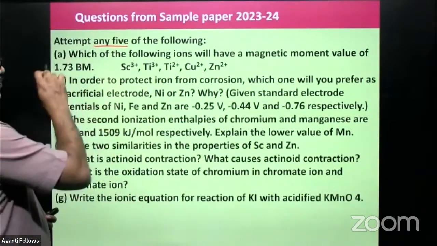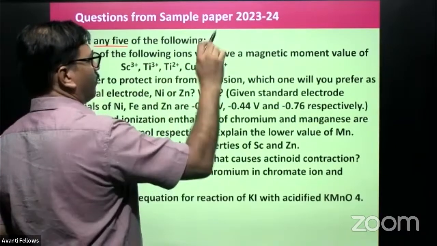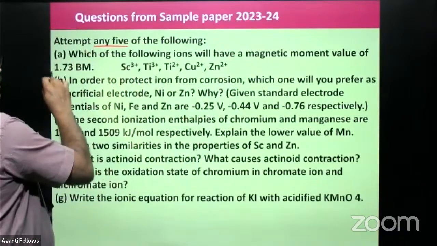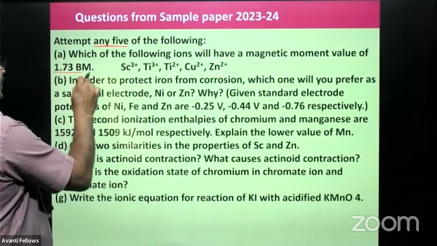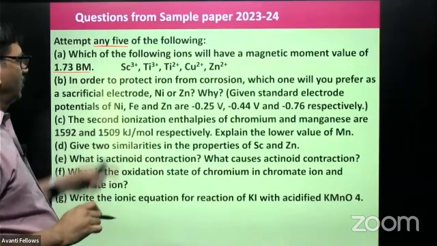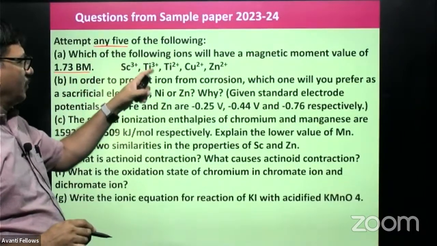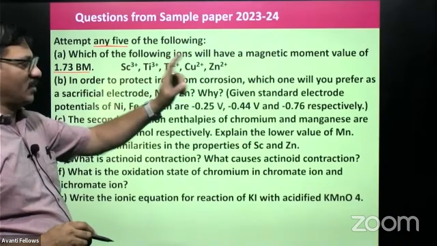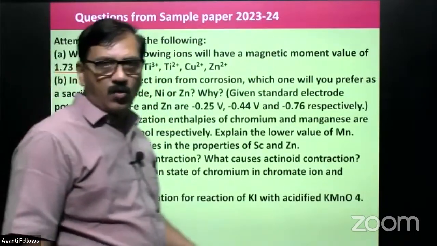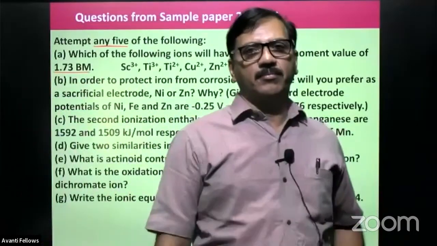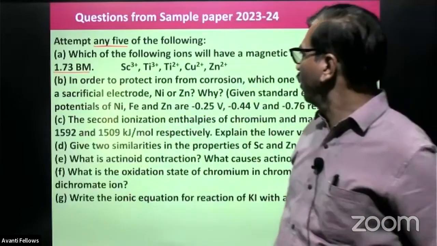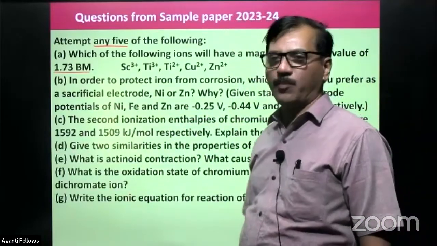Which of the following ions will have the magnetic moment value 1.73 BM, Bohr magneton? Scandium 3+, titanium 3+, titanium 2+, copper 2+, zinc 2+. Which of these has a magnetic moment of 1.73?